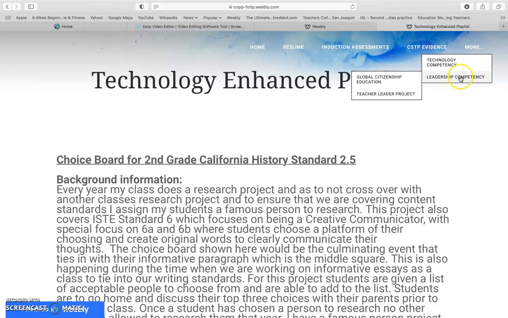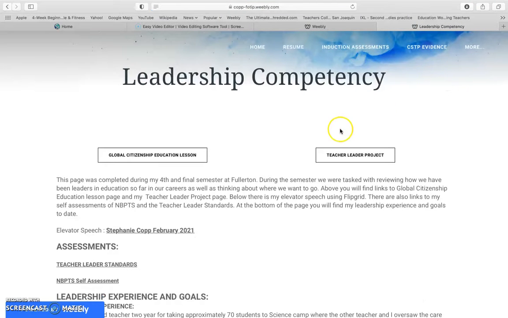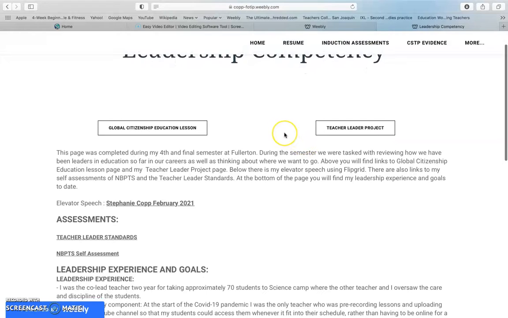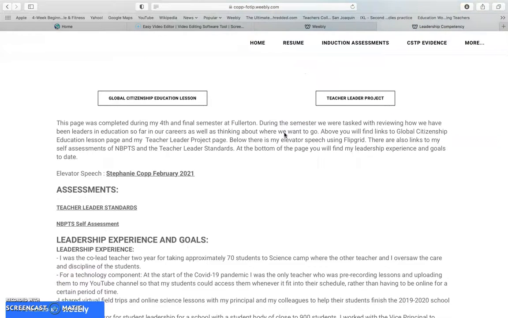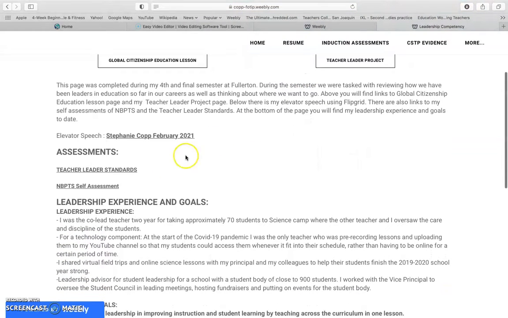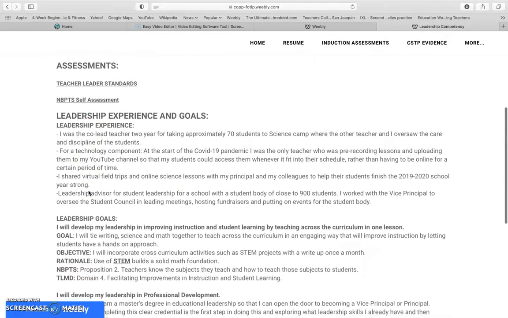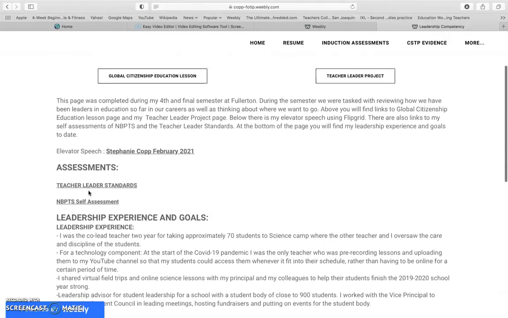Another page I would like to show you is my leadership competency. And this page shows my experience, what I've done, my different standards, the teacher leadership standards, the NBPTS self-assessments, my goals, and things like that.